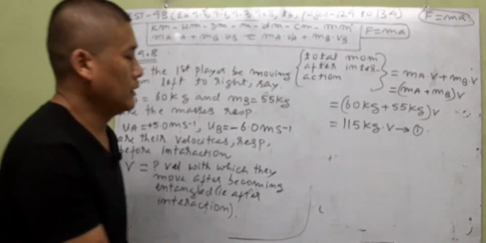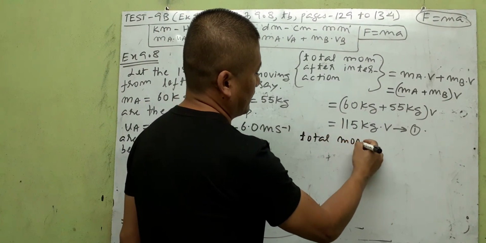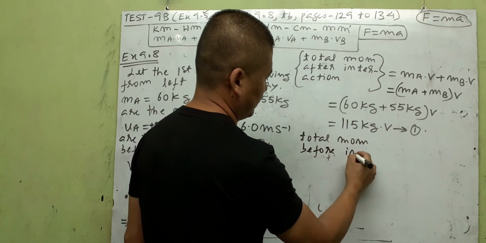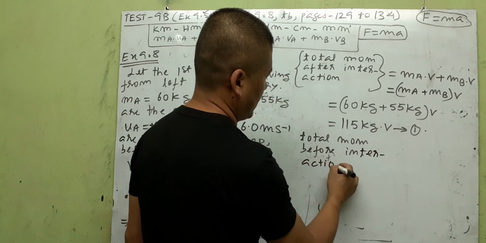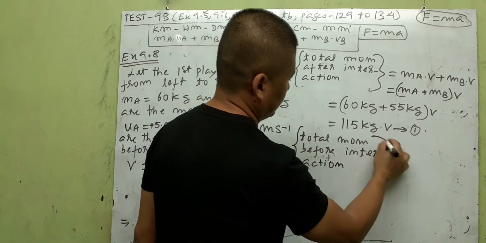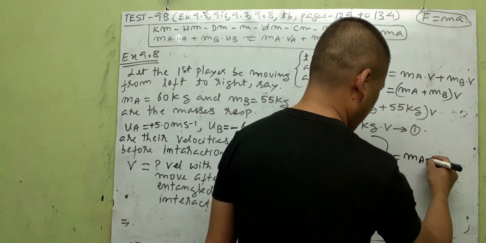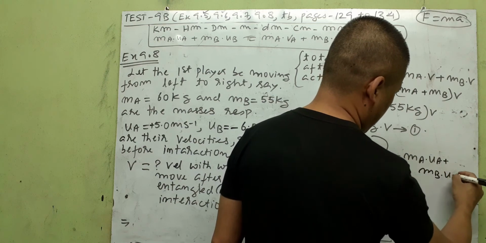Okay, so now similarly let us do total momentum before interaction is MA UA plus MB UB.